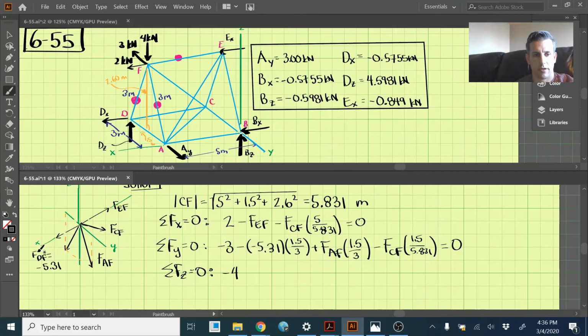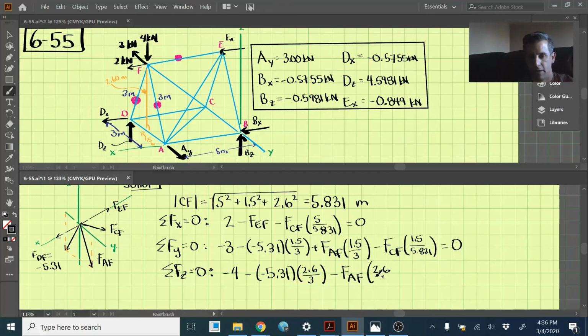FDF will be in the negative direction, so that's negative of a negative FDF, and the component of that, it moves down 2.6 meters over its length there of 3. And then FAF should be in the negative direction as well, and the component there will be the same as FDF, 2.6 over 3.